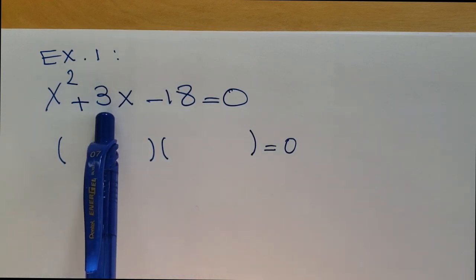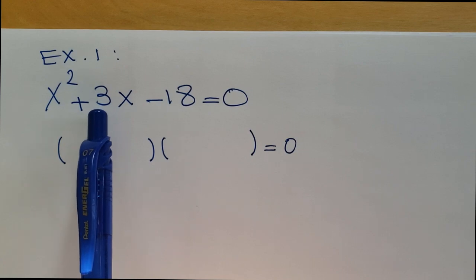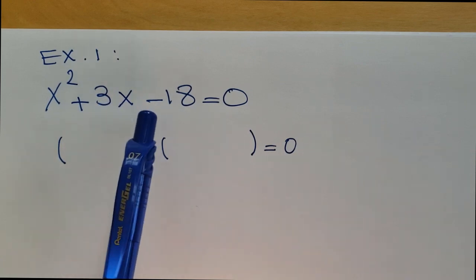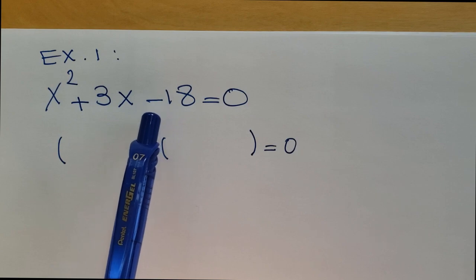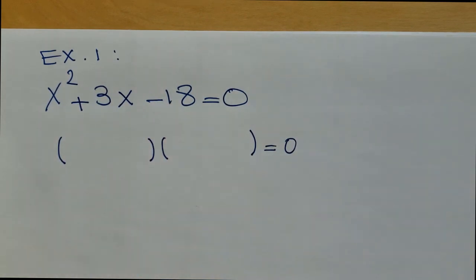We need two numbers which, when added together, we get 3, and if we multiply them together we get negative 18. So you can try to find different combinations, but as I mentioned before, it only comes with practice. The two numbers would be plus 6 and negative 3, because if you add them together, the answer would be 3, and if you multiply them together, the answer would be negative 18.